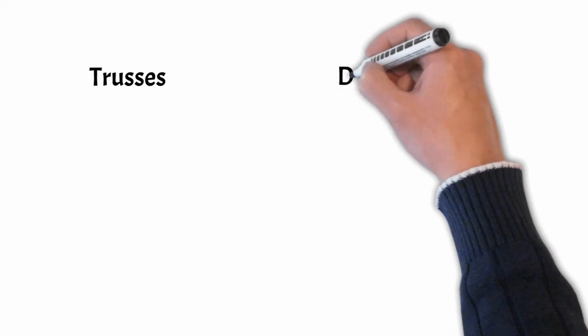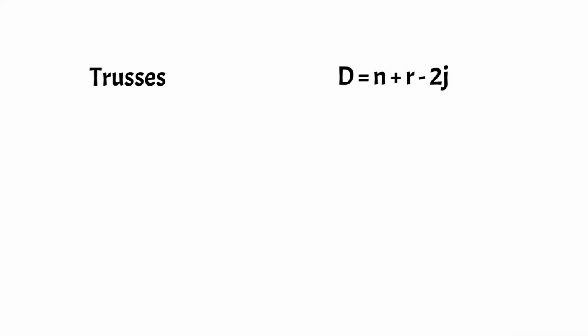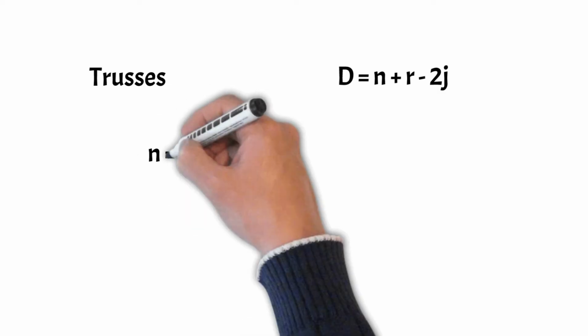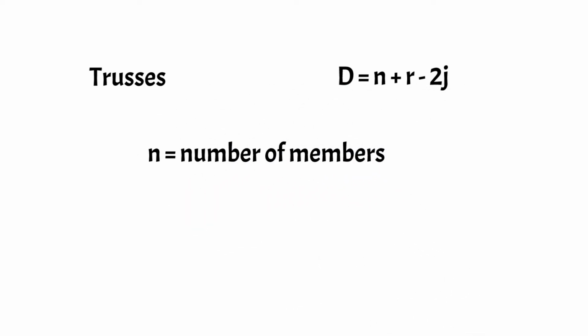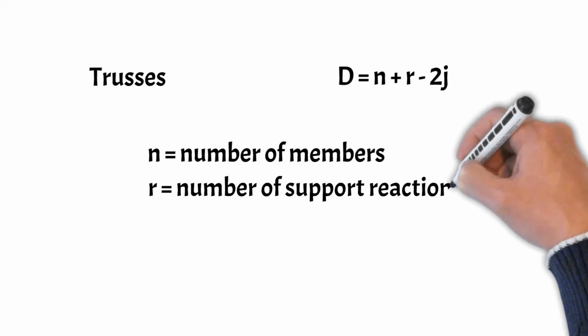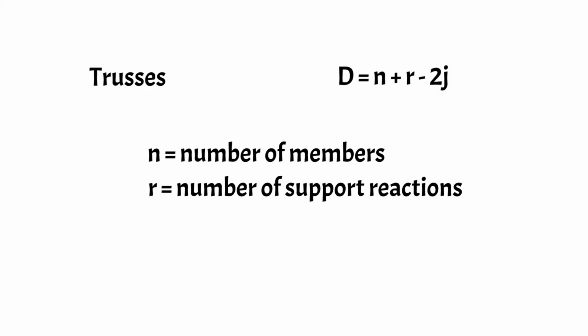Alright, now for trusses there is actually another formula. Let's have a look at that one. The degree of indeterminacy for trusses is calculated as D equals N plus R minus 2J, where N is again the amount of members, R the amount of external restraints or the number of support reactions, and J the number of joints.